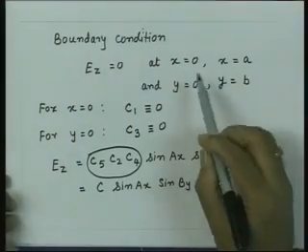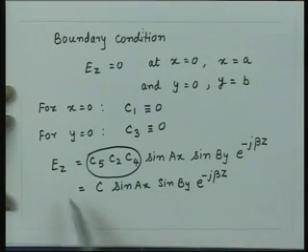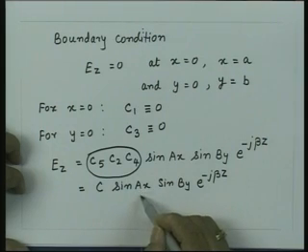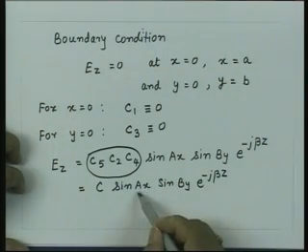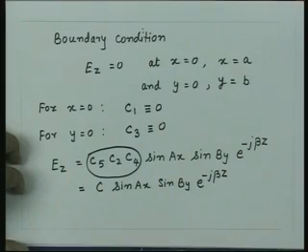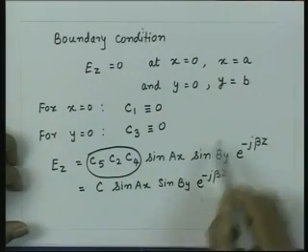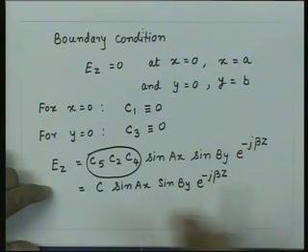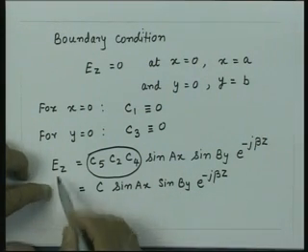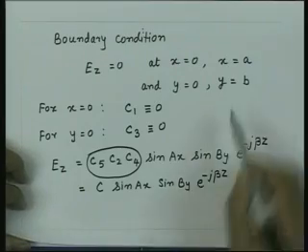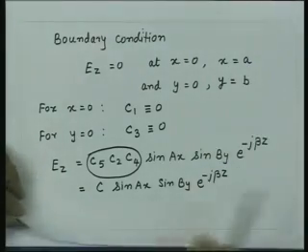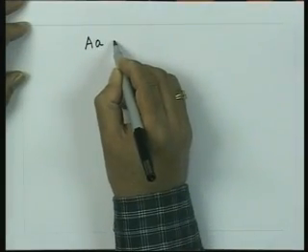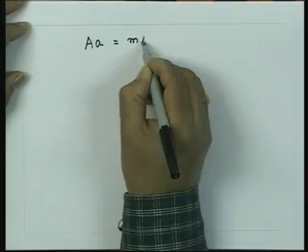Now, apply the second boundary condition: when x is equal to a, again Ez is 0, and that can happen provided that A times a is a multiple of pi. Similarly, from the boundary condition that Ez should be 0 for y equal to b, if B times b is a multiple of pi, then again this quantity will be 0. So, from these two boundary conditions, x equal to a and y equal to b, we get that A times a should be equal to some multiple of pi.